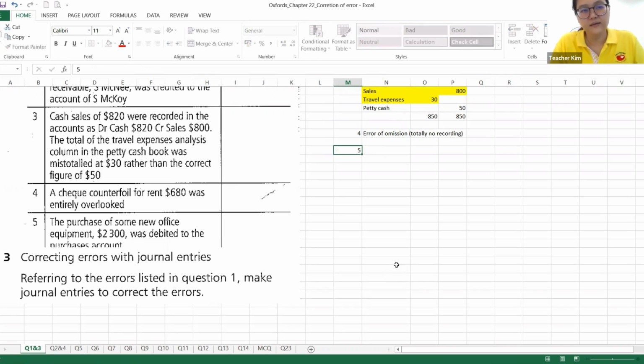Okay, question 5. The purchase of some new office equipment, 2003, was debited to the purchases.